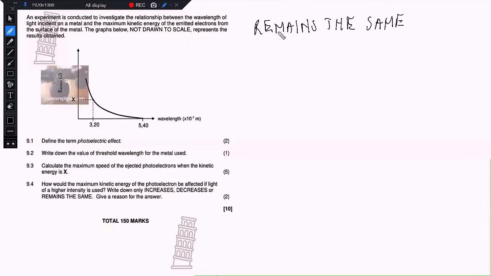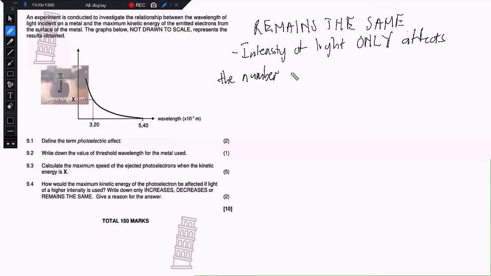And then as our reason, we can say intensity of light only affects the number of photons ejected on the metal per second.